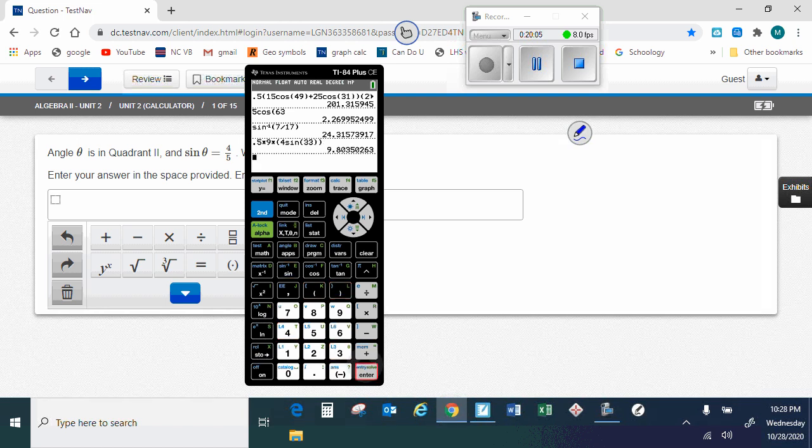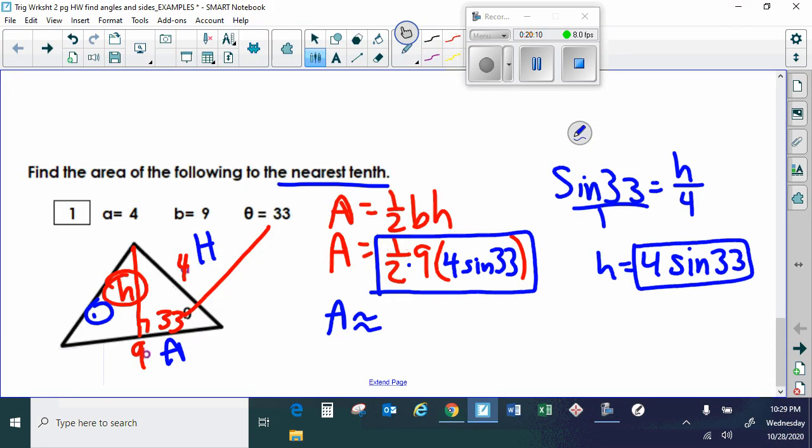Okay, and my answer is 9.8 to the nearest tenth. So 9.8, and there's no units, so units squared. Area is always squared.